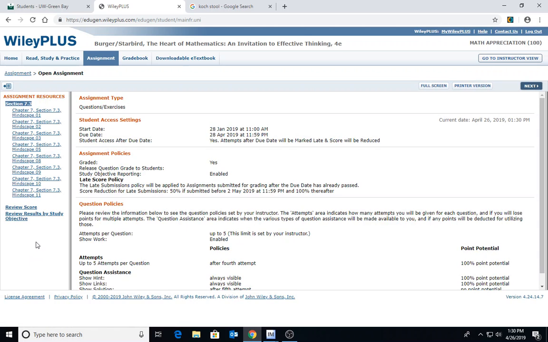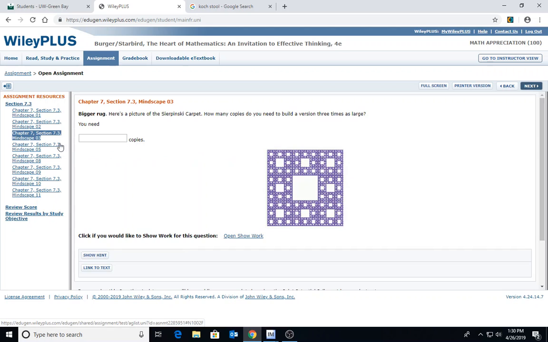I was asked number 3. So here's the Sierpinski carpet, and when we ask how many versions you need to make a new version 3 times as large, we just think of taking this little corner in the bottom left. You see how that's 1/3 the length of the whole carpet?